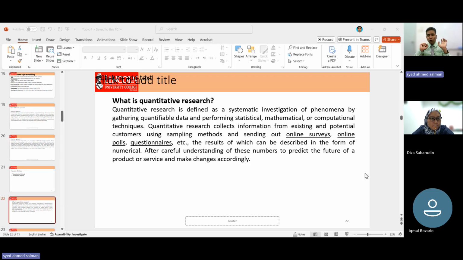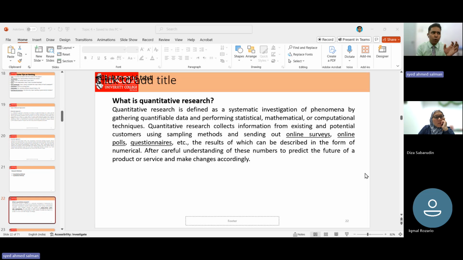How are you going to do quantitative research? Quantitative research collects information from existing and potential customers. In academic language, we are talking about respondents. We are not saying customers, we are saying respondents, using sampling methods. We are going to understand what sampling method we are going to use.